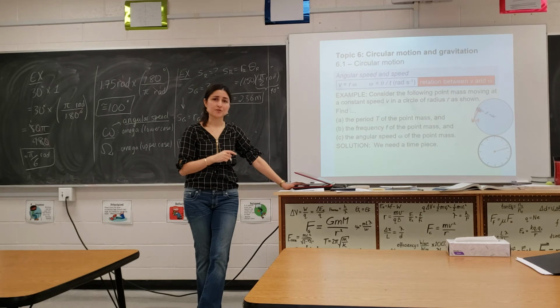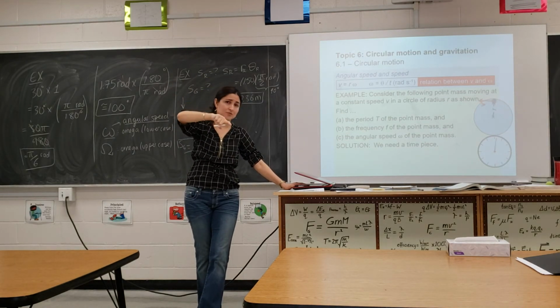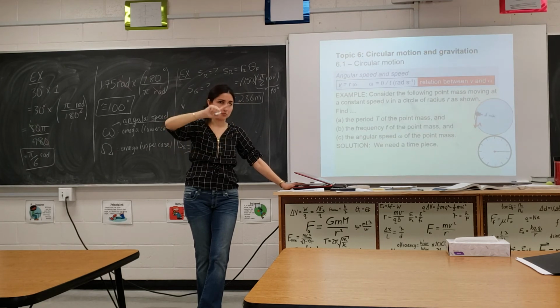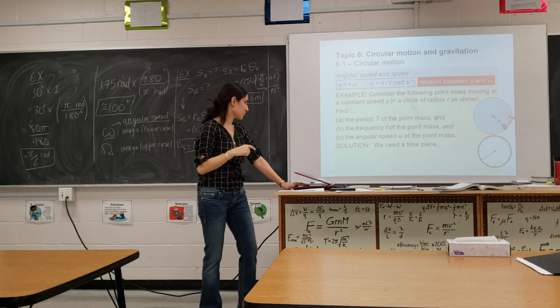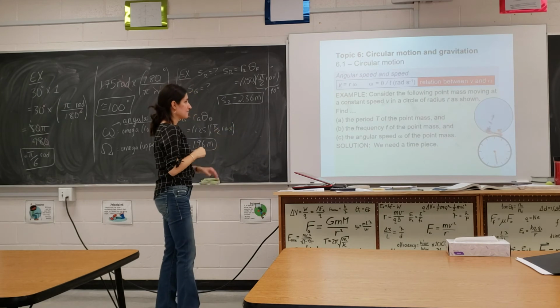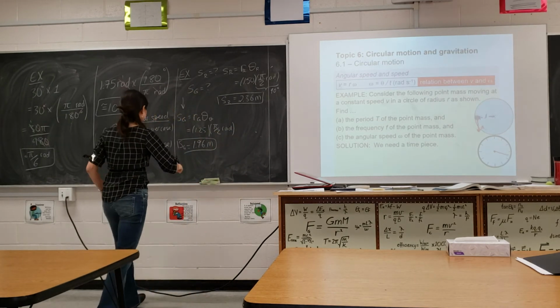What you should have noticed is that in the time it took for the object to go around once, the time hand on the clock also went around once. It passed through 12 ticks, so that's 12 seconds. So the period of the point mass is 12 seconds.